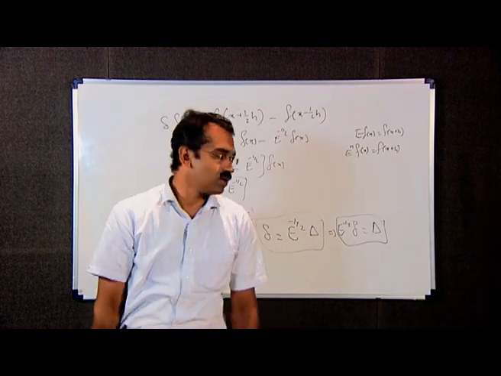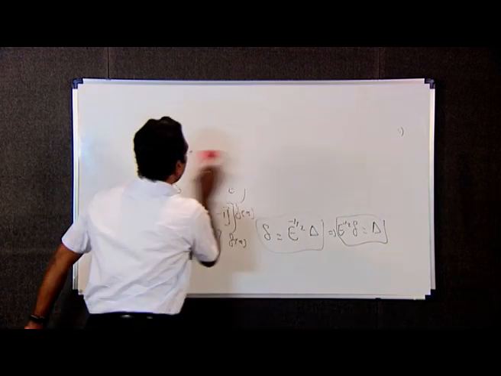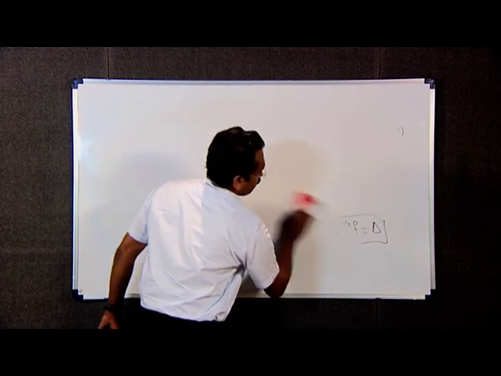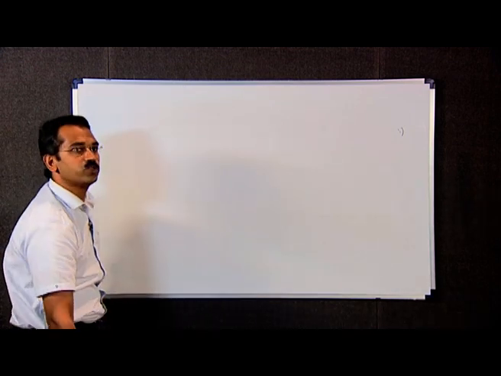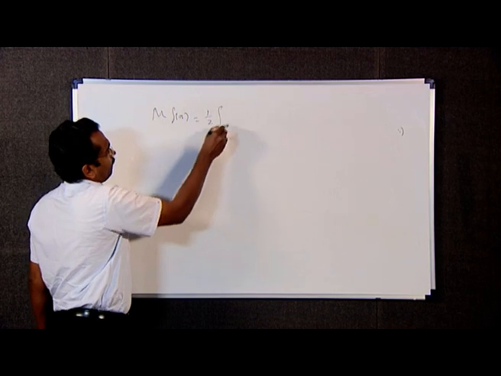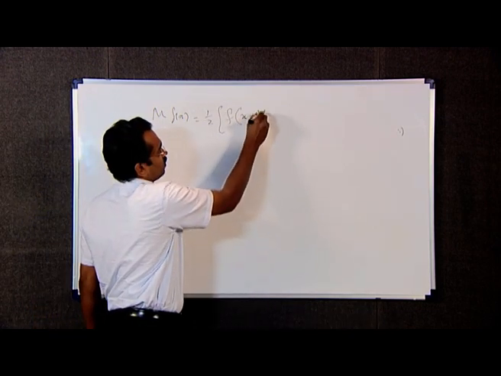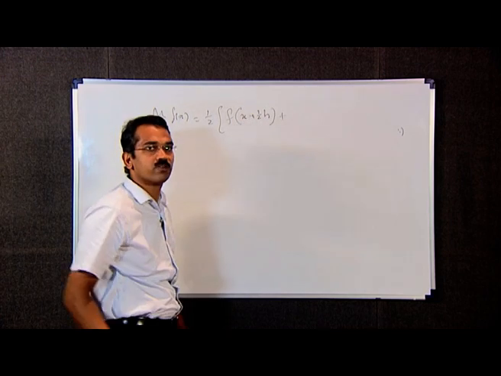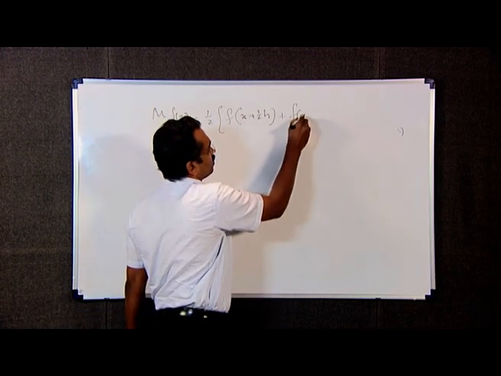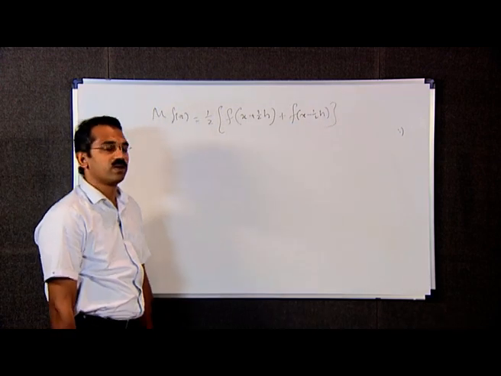Now, by definition of the mean operator, we have mu f of x is equal to 1 by 2 into f of x plus 1 by 2 h plus f of x minus 1 by 2 h. This is the mean operator.